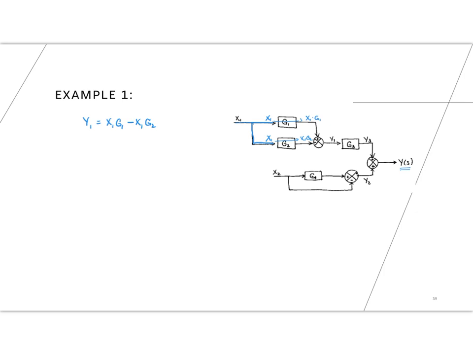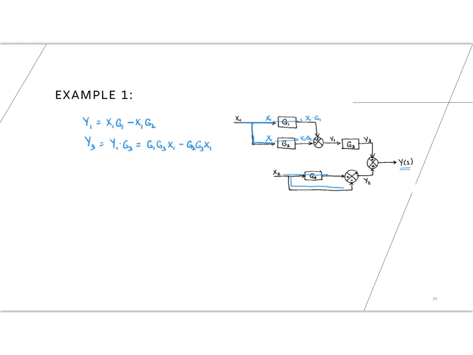If I want to get to y3, I'm taking my answer for y1 and multiplying by g3. So it's going to be g1 g3 x1 minus g2 g3 x1. So that's y3. Now I'm at another adder block, but what I'm adding has this complication, so let's follow the streams. x2 is going to come and split.